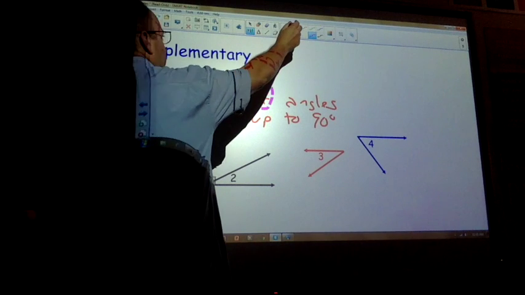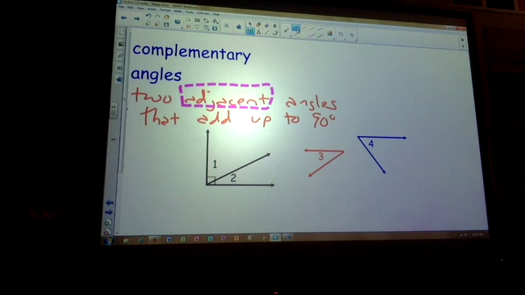Do they have to be adjacent? No, it really just comes down to two angles that add up to 90 degrees. So angle 3 and angle 4, if they form 90 degrees between them, those are complementary angles. And then angle 1 and 2, where you have the adjacent side in there, or you have the shared side in there, it's good to go.